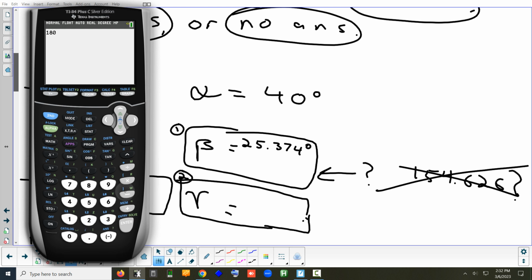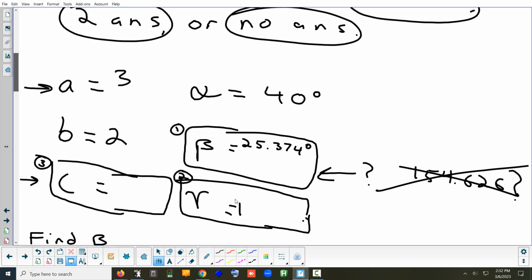Yep, so 180 minus 65.374. So gamma is 114.626. Now the last row isn't useless anymore. I have a piece of information in it. So now I can figure out the last side.